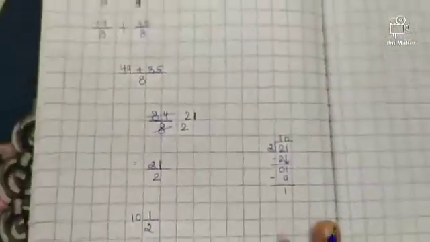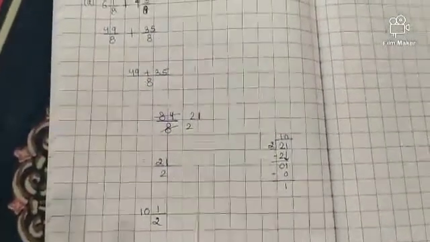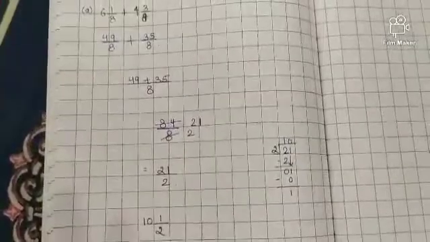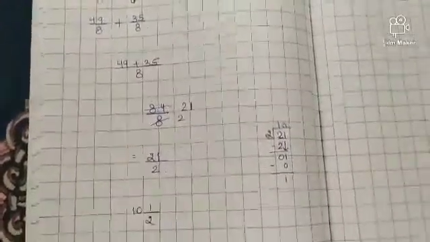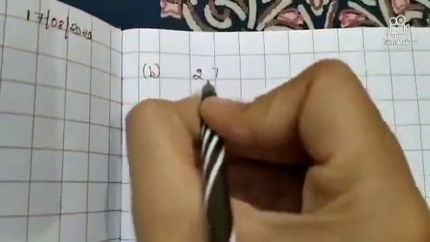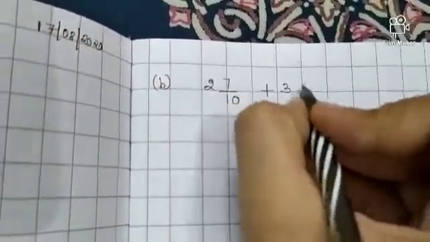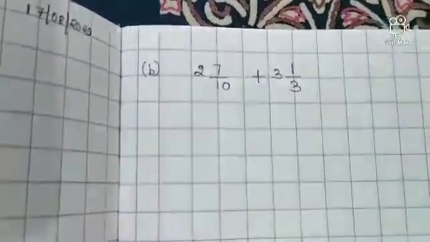Complete this question. This is part A. Then note down part B. Part B is 2 7 by 10 plus 3 1 by 3.